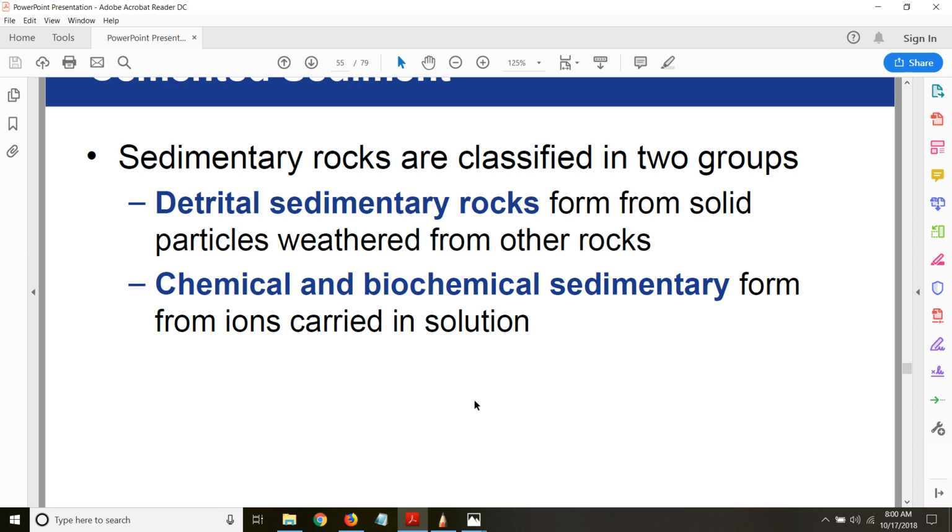So there's a difference: detrital sediments form due to physical accumulation, and chemical and biochemical sedimentary rocks form due to chemical and biological processes that eventually turn these sediments into sedimentary rocks. Remember that physical processes and chemical processes make the difference between detrital and chemical and biochemical sedimentary rocks.